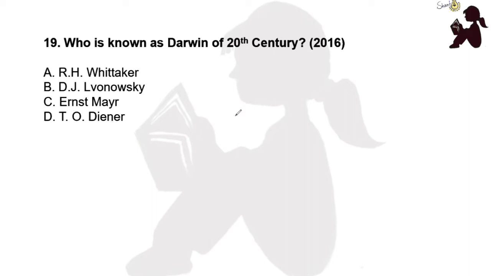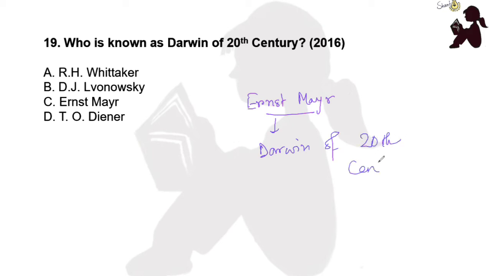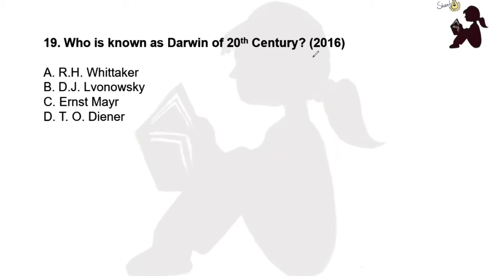So we know that Ernst Mayr is the father of modern taxonomy and he is the Darwin of the 20th century. Okay. So here the correct answer is option C, Ernst Mayr. Let's move forward to the next question.